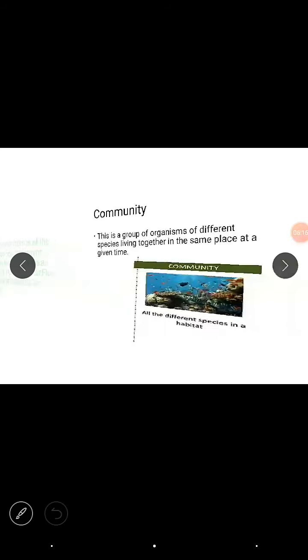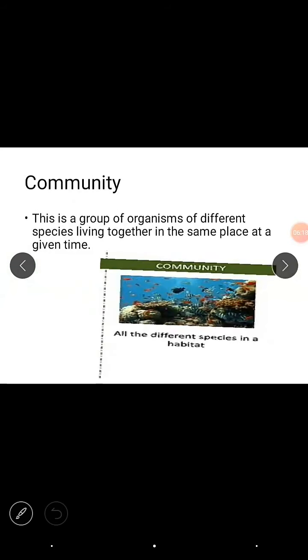So the next one here is the community. As you can see in the picture you have here, all the different species in a particular habitat make up a community. In a particular community you can have a group of organisms of different species. Like a water body is a community where you could have shark, tilapia fish, different kinds of organism, okay.